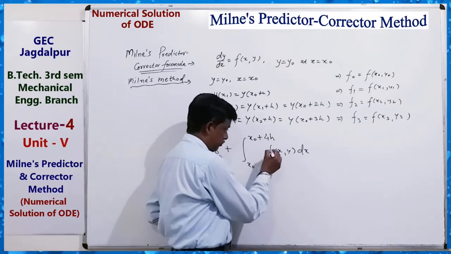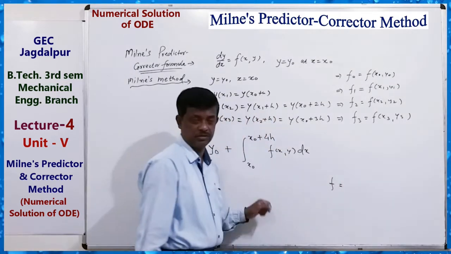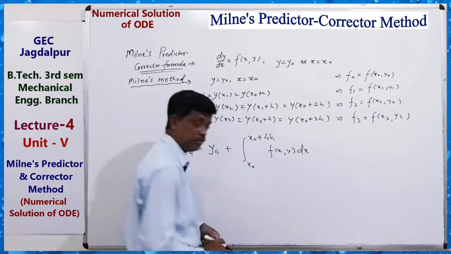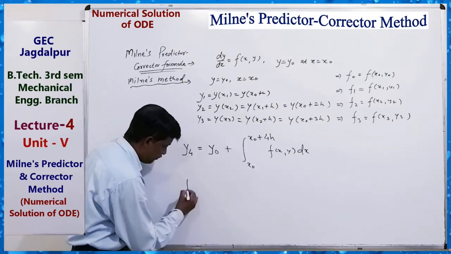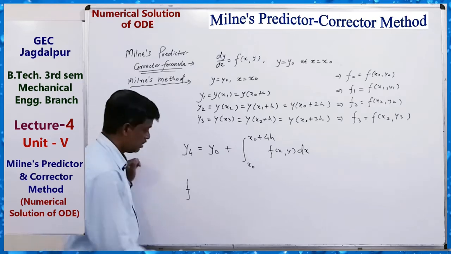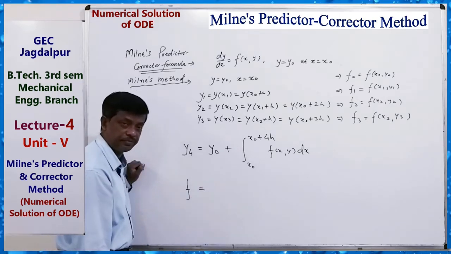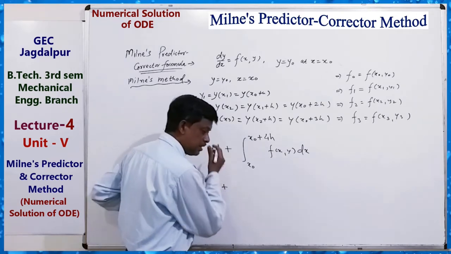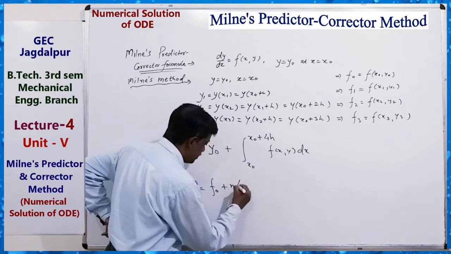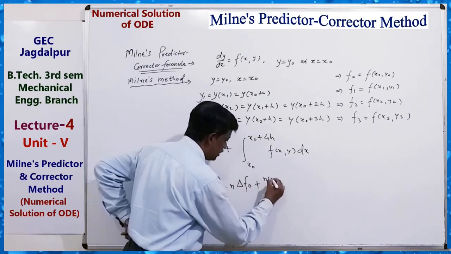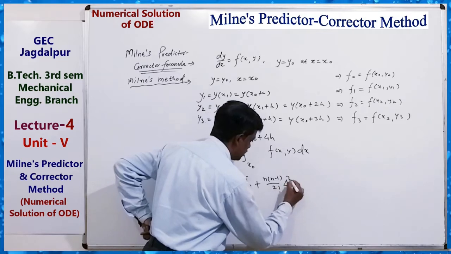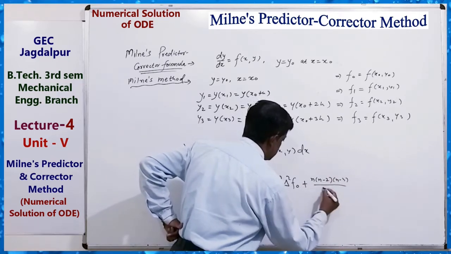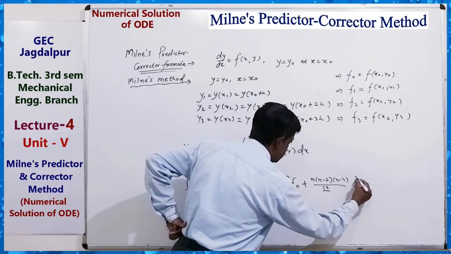Now for f, we can use Newton's forward interpolation formula. What is the interpolation formula? Suppose f is a function of x and y, then f equals f0 plus n del f0 plus n(n minus 1) by 2 factorial del square f0 plus n(n minus 1)(n minus 2) by 3 factorial del cube f0.